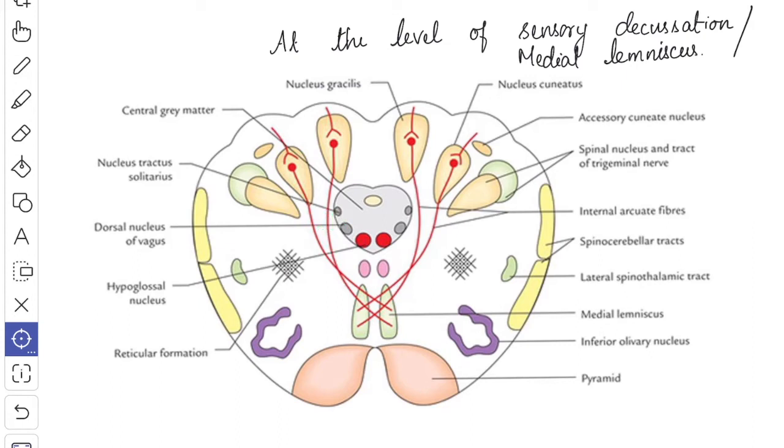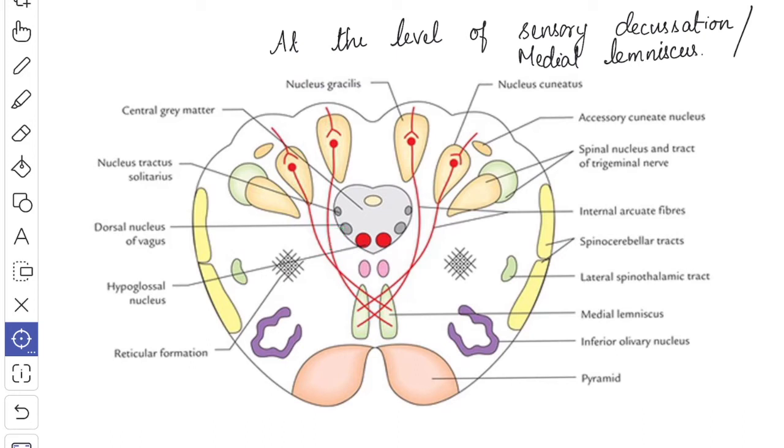The hypoglossal nerve nucleus occupies the ventromedial position close to the midline in the central gray matter. The dorsal nucleus of the vagus lies dorsolateral to the hypoglossal nucleus, and the nucleus of the tractus solitarius lies just dorsolateral to the dorsal nucleus of the vagus.